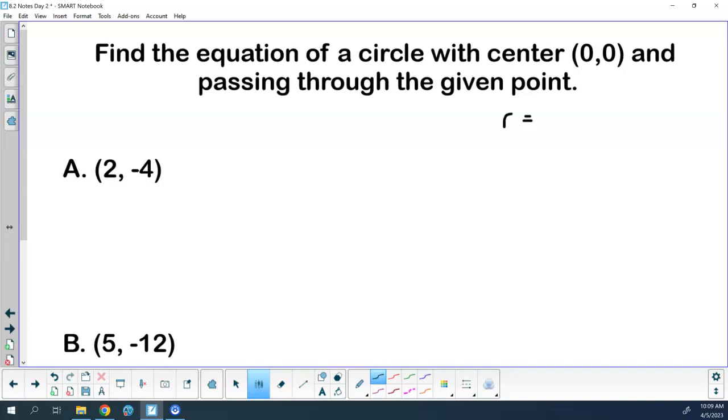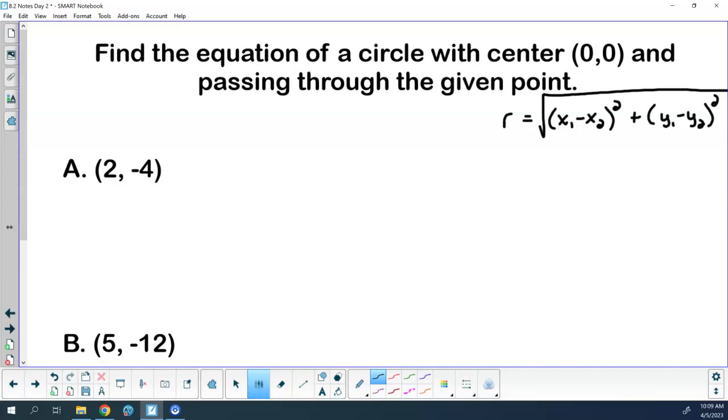Normally this would be the distance between 2 points, but we're going to call it r for the case of circles. We take the x values, subtract them and square it. We take the y values, subtract them, and square it, and then take the square root of that whole thing.